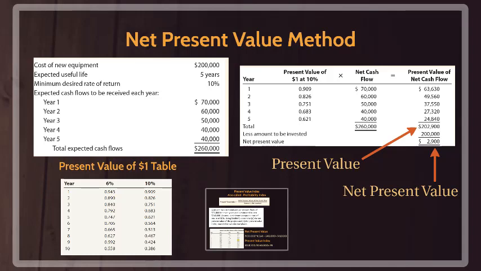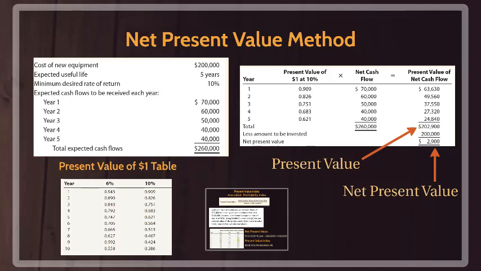We would then do that for year 2 and look to year 2 at 10% to find that factor of 0.826 and multiply it by your cash flow for that year. We would do this for each year of the investment. We'll add up the total of all those present values to figure out what our present value is.